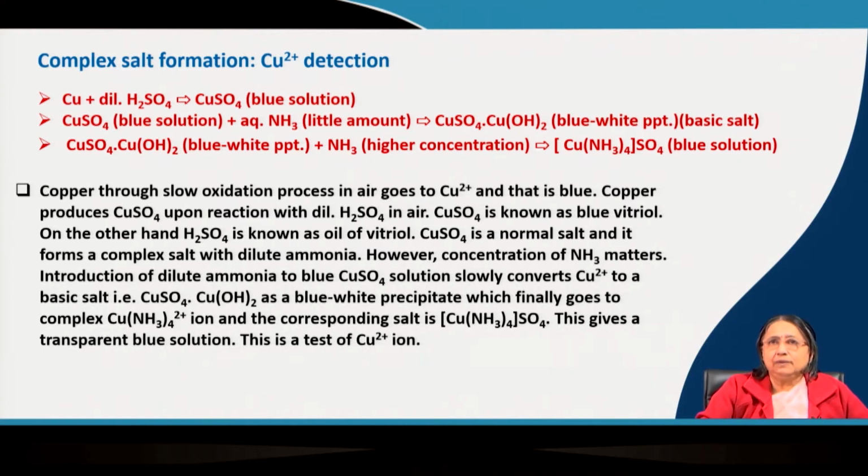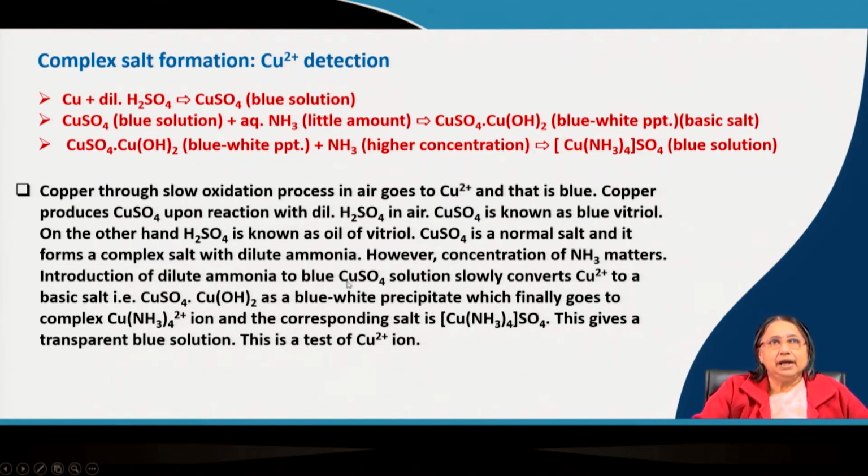Now, from the acid base chapter I told you that copper sulphate is a normal salt. It is neither an acid salt nor a basic salt, it is a normal salt, and it forms a complex salt with dilute ammonia. So, if you take some copper ion, say copper sulphate, and put ammonia solution there, then depending on the concentration of ammonia, different reactions occur.